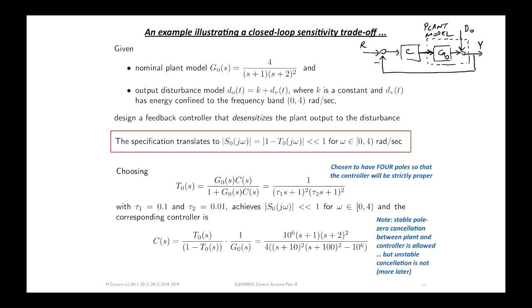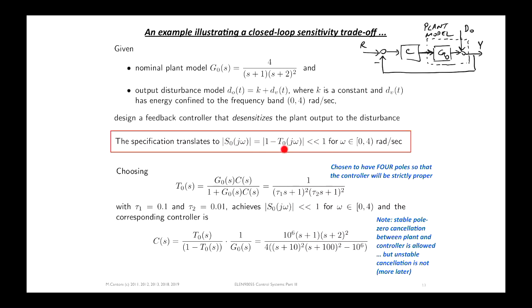All right, so that translates to requiring the output sensitivity function, which tells us how wiggling d0 makes y wiggle, being very small. That's what this notation means. And we know that S plus T is always equal to 1, so we can equivalently think of this requirement, S being small for frequencies in this range where the output disturbance has significant energy, in terms of 1 minus the so-called complementary sensitivity function being small.